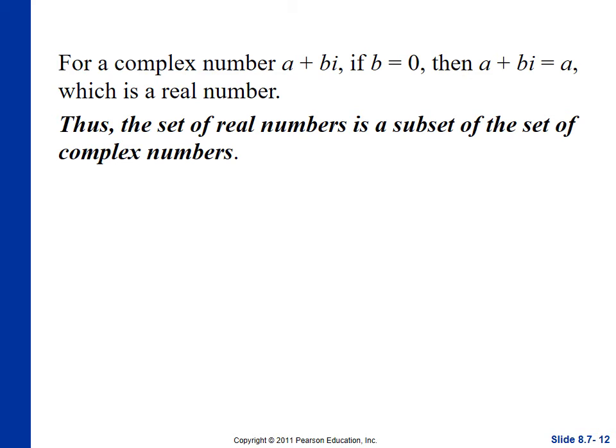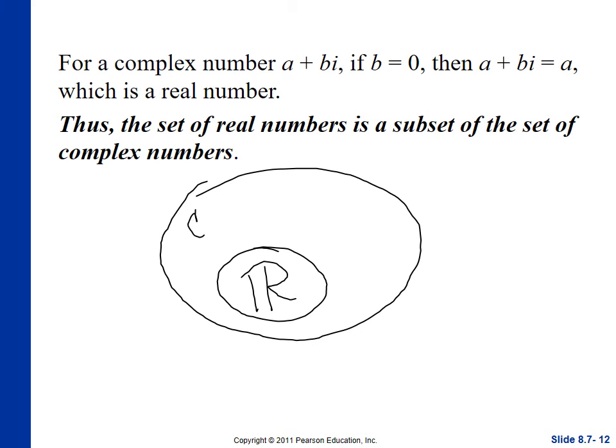And the set of real numbers, if we take a look at a Venn diagram, so if you had all real numbers, well, those are a subset of complex numbers.